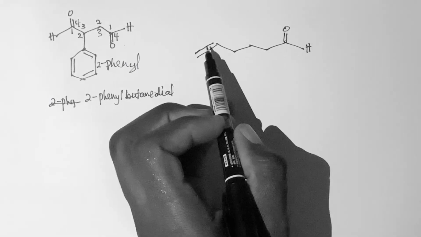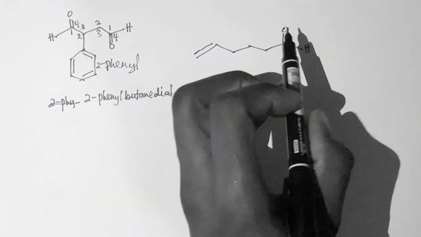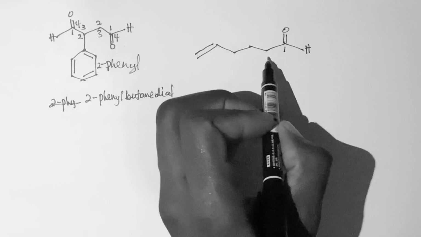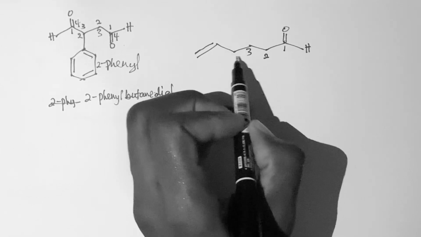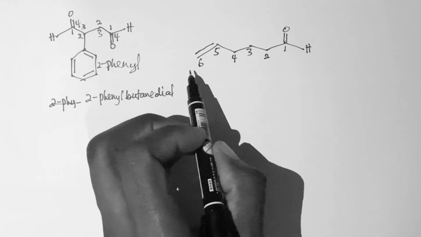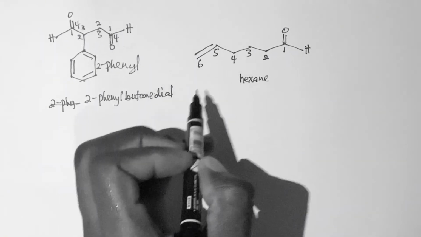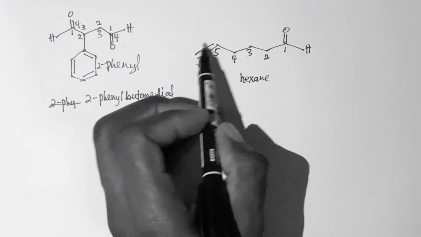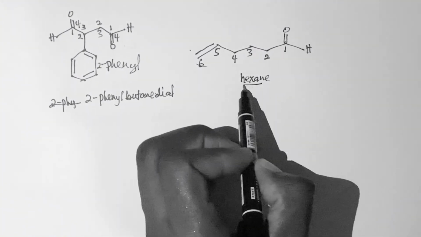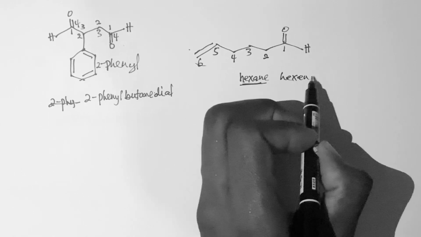So let's come to this case. You see that we can see an alkene functional group here, but let's consider the parent chain and number it. So here becomes 1, 2, 3, 4, 5, and then 6. So we are talking about the case of a hexane. However, because of this alkene functional group, we cannot say it is a hexane, but we must say it is a hexene.